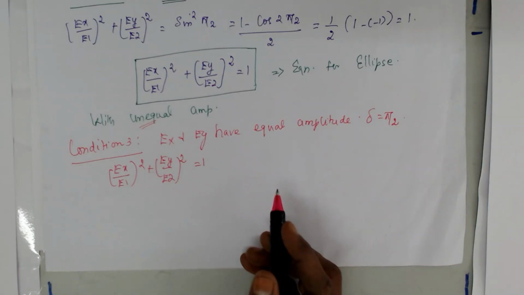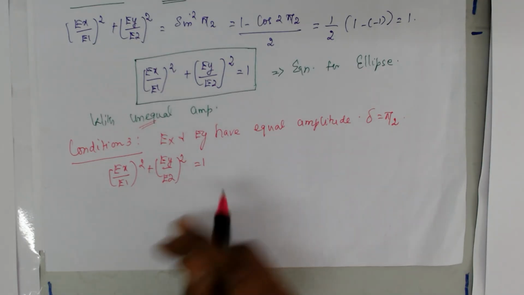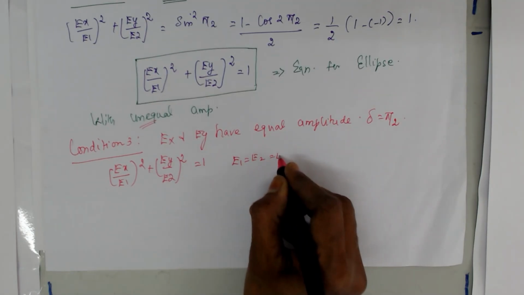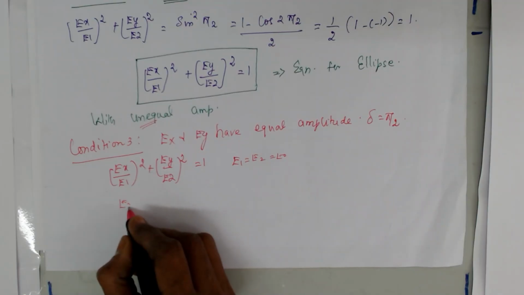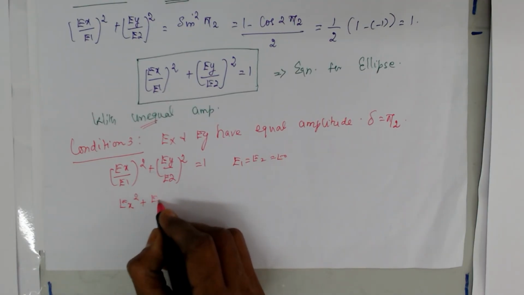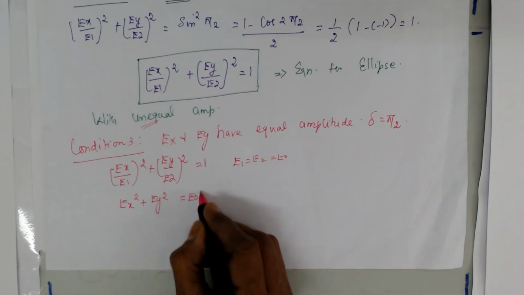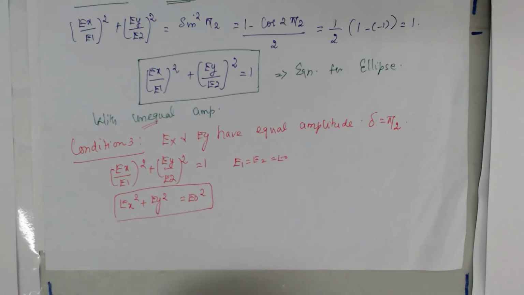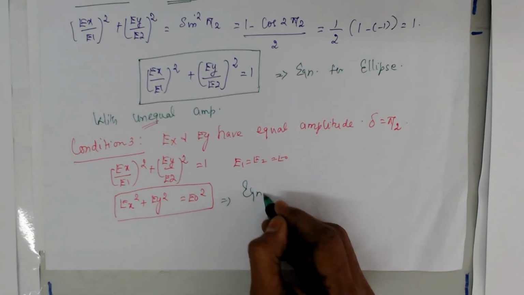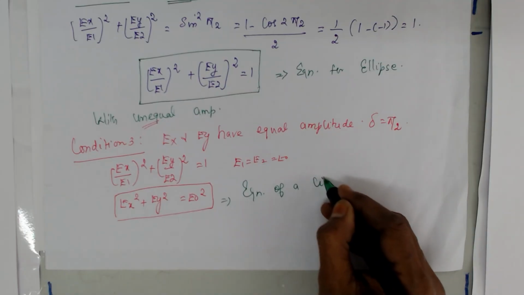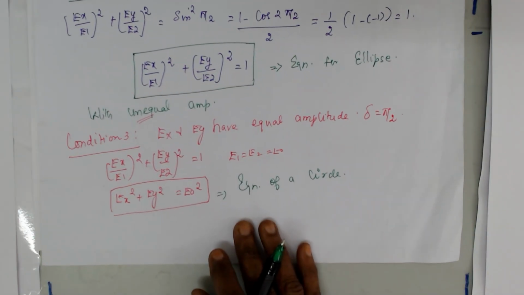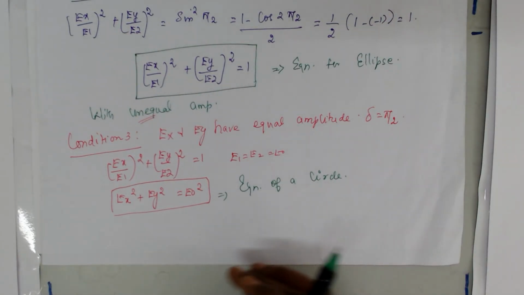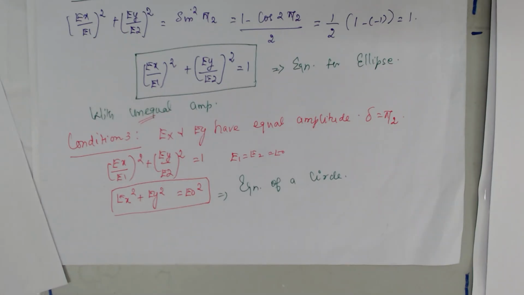So consider E1 and E2 to be equal to E0. As they are of equal amplitude, let E1 equal E2 equal E0. So our equation becomes Ex square plus Ey square is equal to E0 square. So this represents an equation of a circle. So a wave having propagation of this type will be a circularly polarized wave.